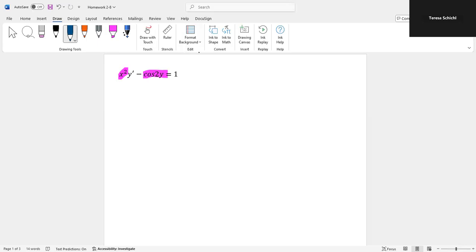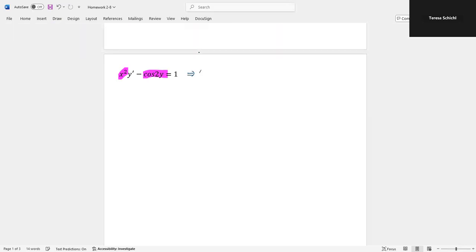All right, so let's rewrite it. This is x squared dy/dx minus cosine 2y equal to 1.